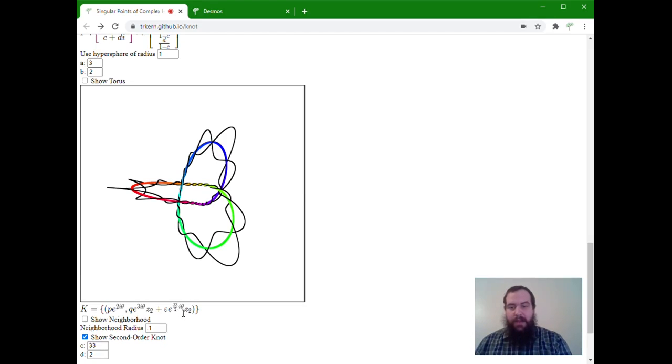So we're going to do e to the 33 halves i theta times an appropriate root of unity. Again, this z2 is just representing plus or minus 1, but if we change d, we're going to get some other root of unity here. This no longer is on the unit hypersphere, but it's just slightly away, right?